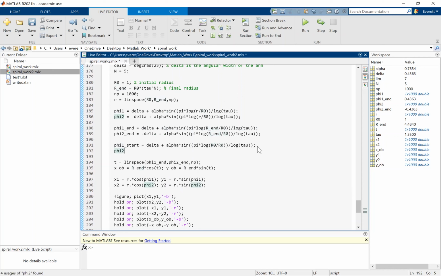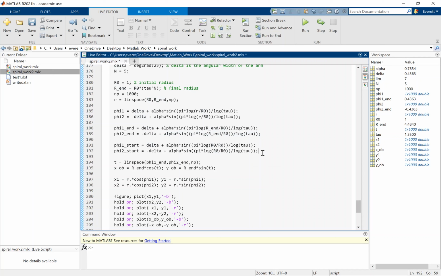And then phi2_start is plus or negative delta. Well, it's all this here, but instead of R_N, we're going to plug in R naught. And then, all right, so we have our phis.